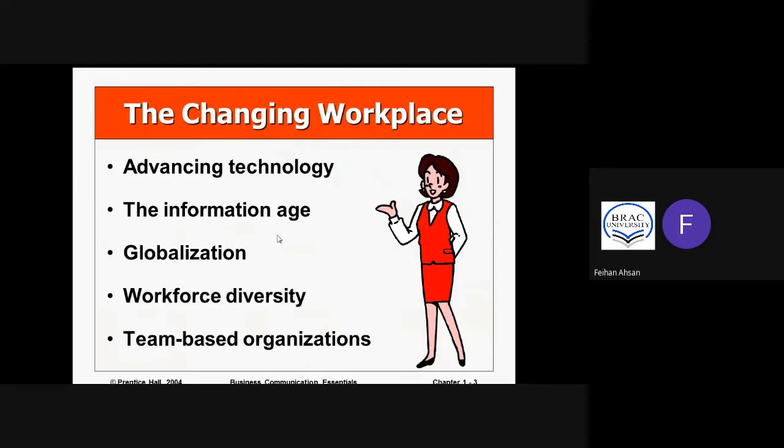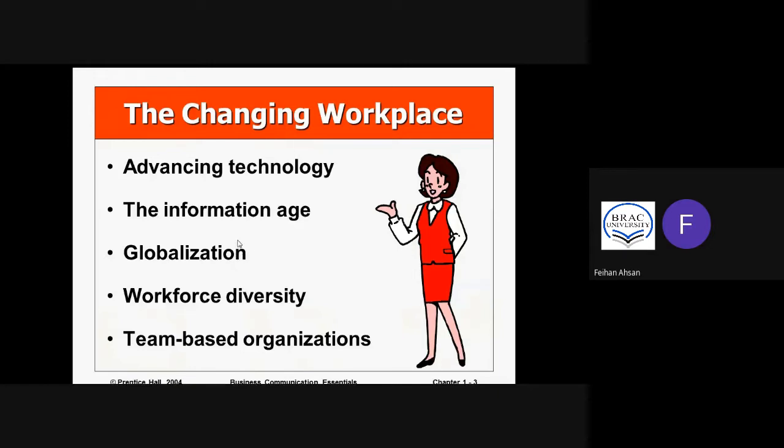The same goes for the information age. It's very connected with the first point, advancing technology. The third point, globalization, is affecting communication. How is it affecting communication? Well, because of globalization, which basically stands for falling boundaries and the whole world becoming more and more interconnected, this has given rise to an increased need for effective communication.